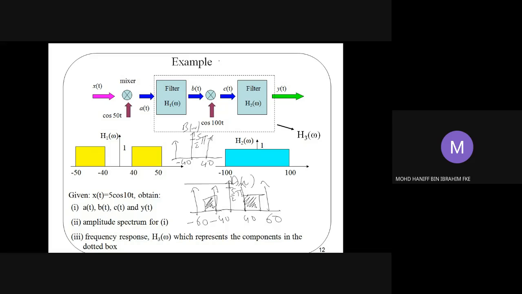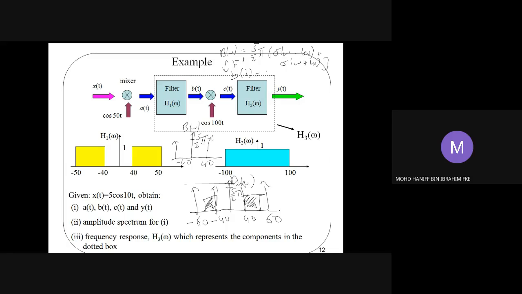From this diagram, your B omega is written as 5 over 2 pi with delta omega minus 40 plus delta omega plus 40. That should be your equation for the B omega. Inverse Fourier transform should give us the BT.